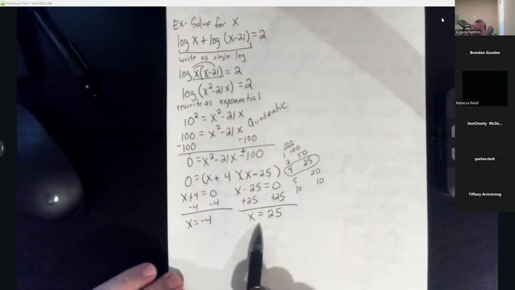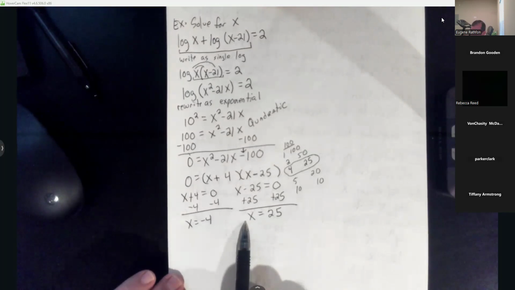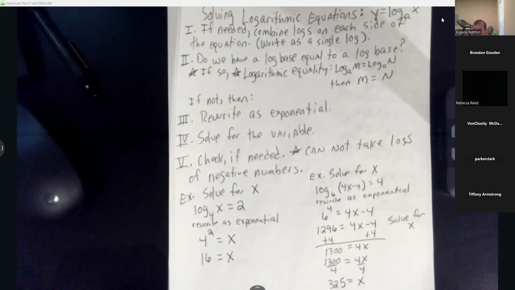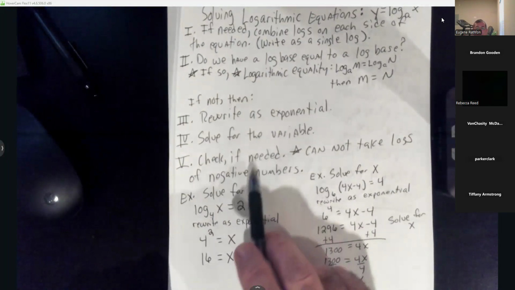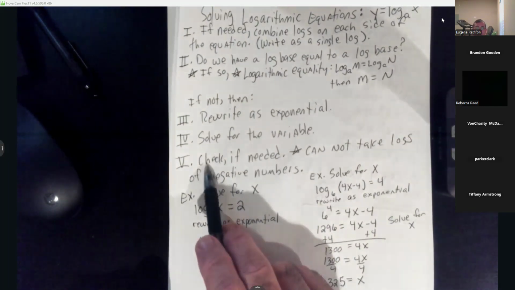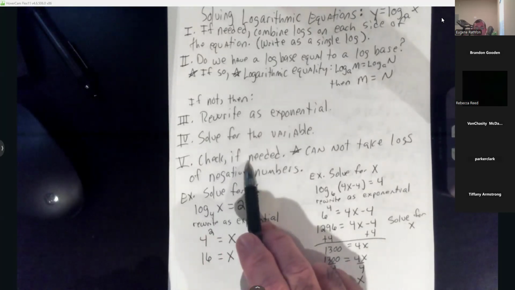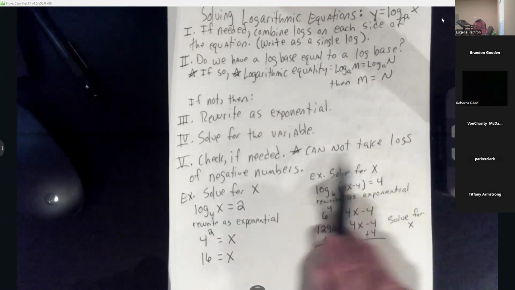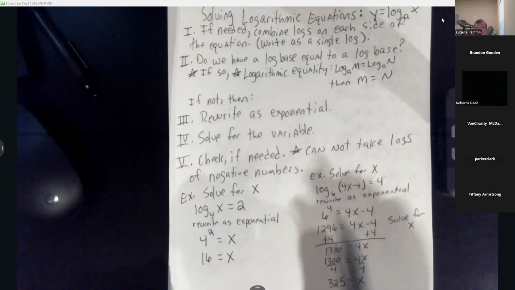If you did the quadratic formula or that website, it would give you these two answers. But hold on, let me go back and show you something. Right here when I'm checking my answers, it says we cannot take logs of negative numbers.